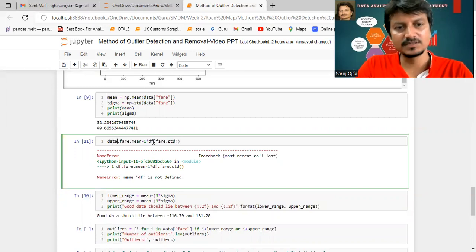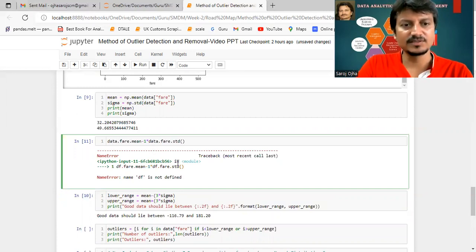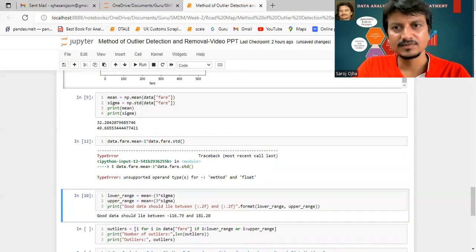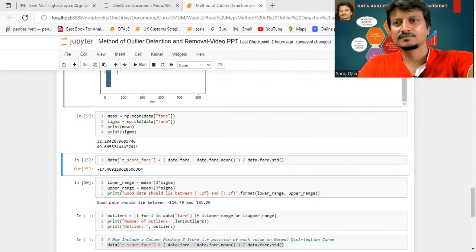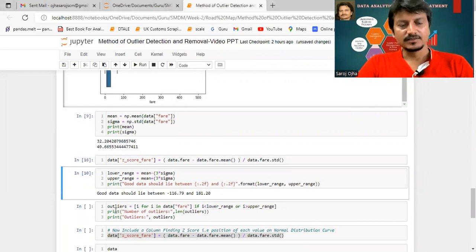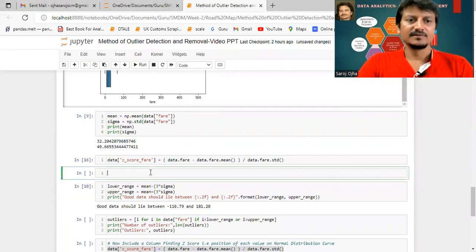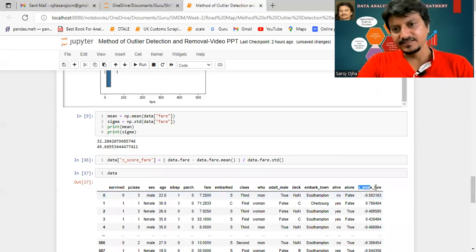It's my mistake, because I used to do this. So now I created a data column called the z score for fare. Okay, now we can see the data with the Z score. So now I have created a Z score.